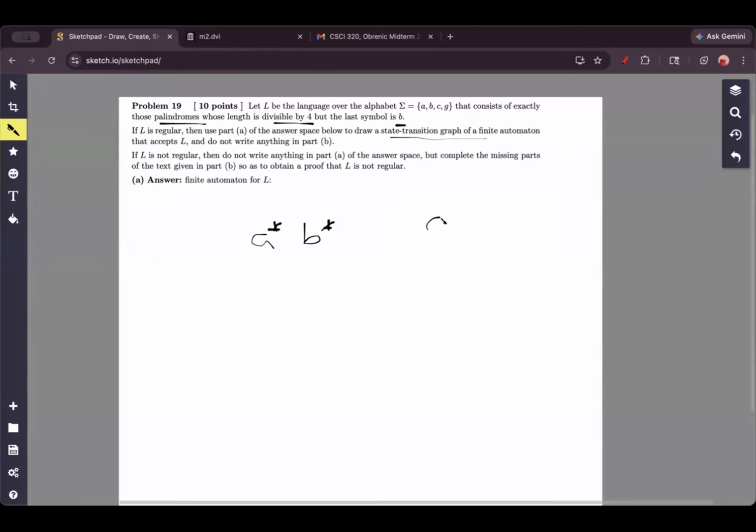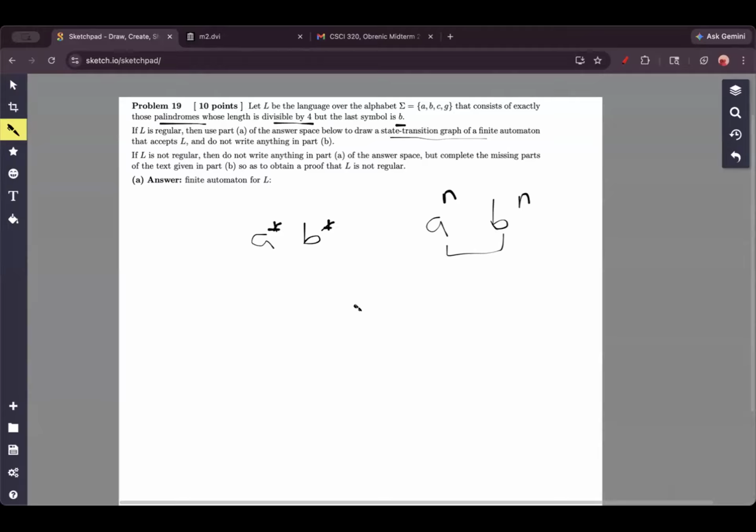So if it's A to the n and B to the n, that is not regular, where n is any arbitrary number. If there's any link between them and it doesn't specify that amount, that is not regular. In this case, it's like saying the language consists of exactly those palindromes.